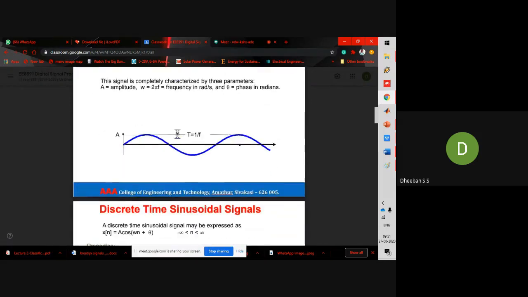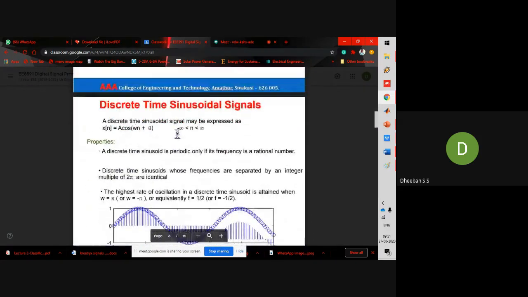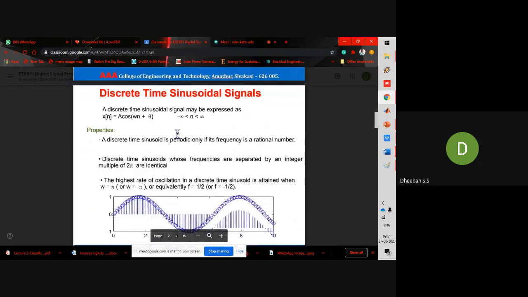Okay, the next is the discrete time sinusoidal signal. This is a new term which you haven't come across. In the continuous time signal, the t value gets varied, but over here there will be some discrete values.